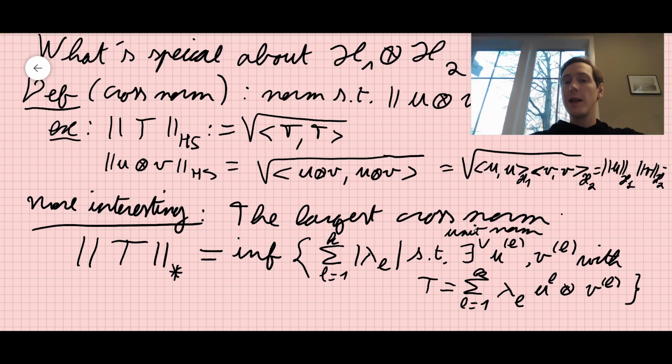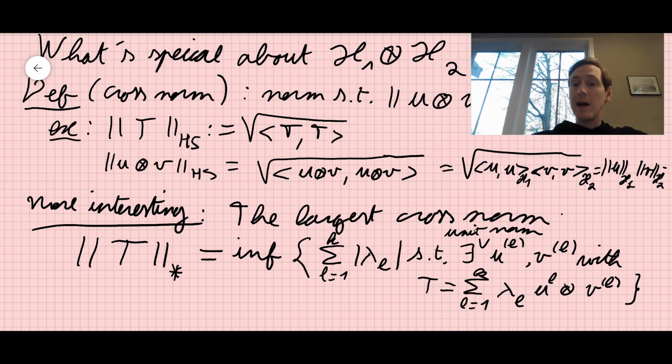So UL is of unit norm in its corresponding Hilbert space, and VL is of unit norm in its corresponding Hilbert space, and T is written as this rank 1 decomposition. And it's the infimum of the sum of all the lambda L's such that this is true.